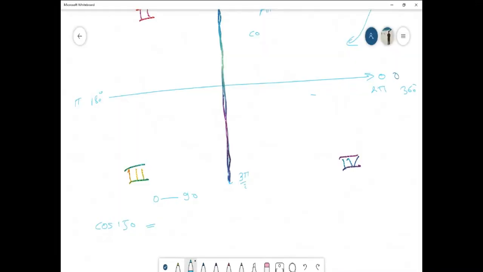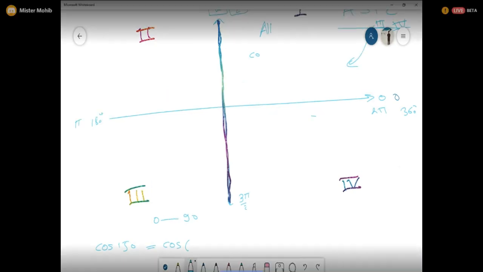Understanding, you have to. I look at the angle. The angle is located in the second section. In the second section, sine was positive. The others were negative, right?